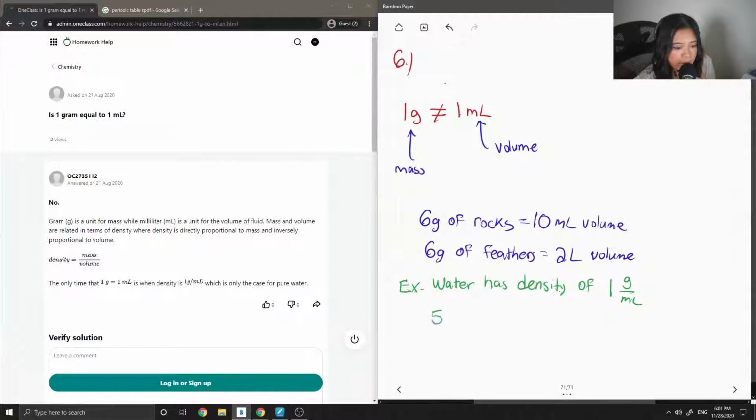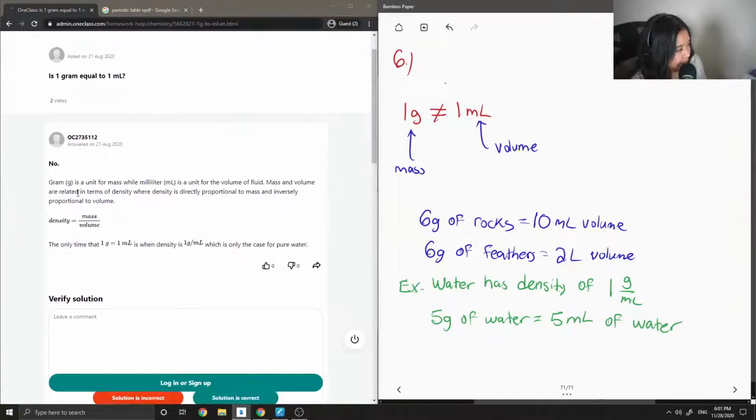So we can confidently say that 1 gram of water is equal to 1 mil of water. And that is the only case where 1 gram will equal 1 mil, if it has a density of 1. But let's see what the junior tutor said.